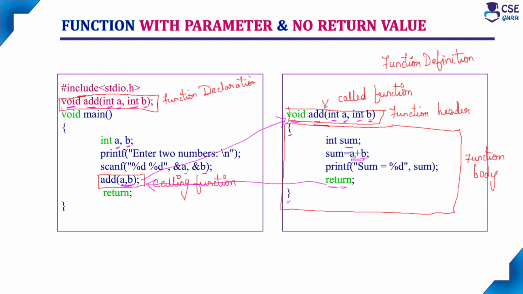So now A will hold this value and B will hold this value. Add those two values and store with the variable sum. And print the sum value in the output screen.